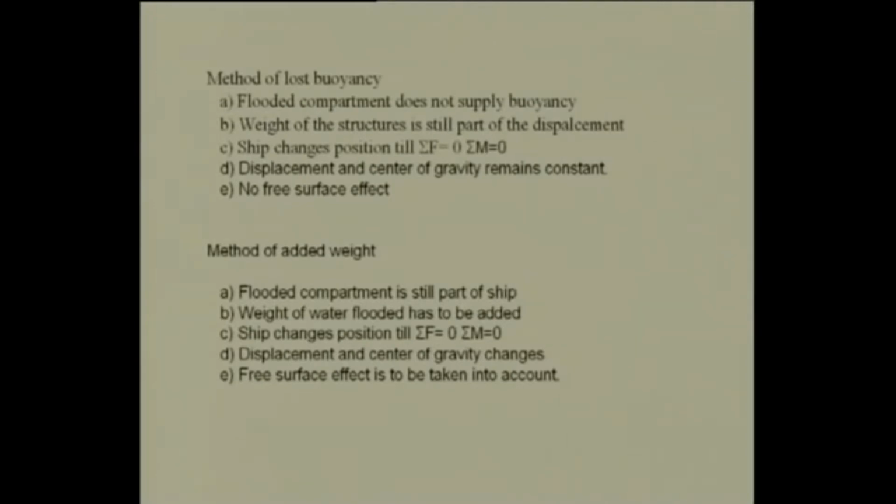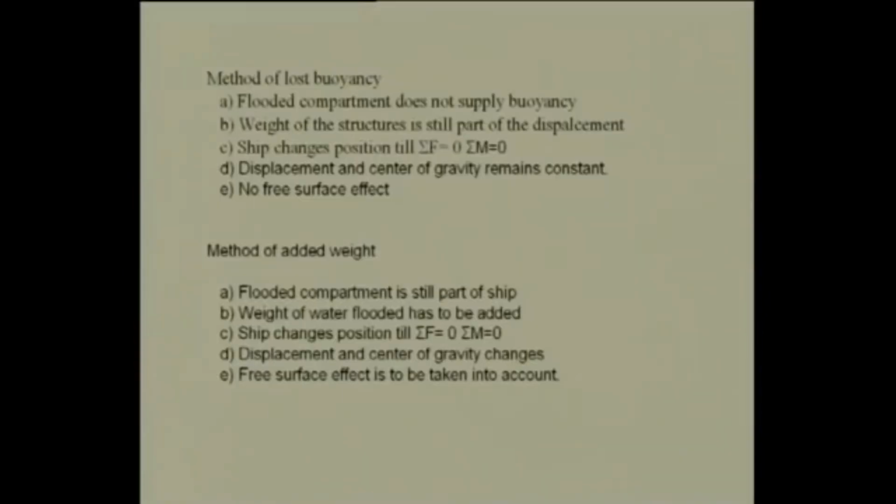Now we will go into the calculation of damage stability. For this calculation, there are two main methods. Please remember these two methods, because if you remember at least the name itself, you will get an idea of how to do the problem. The names are very important, because people keep talking about them.